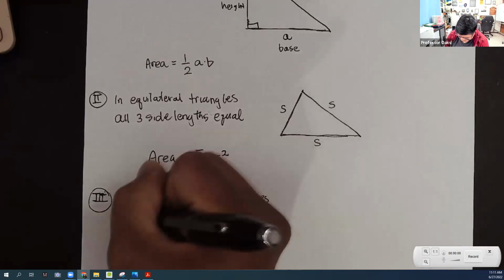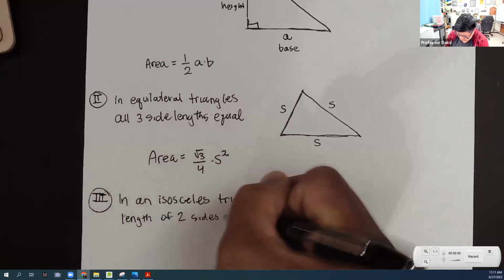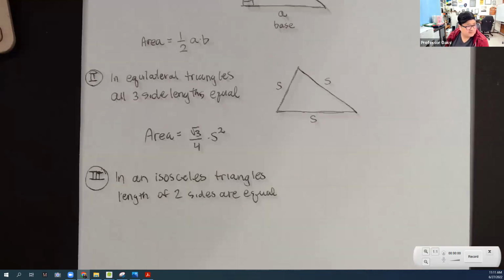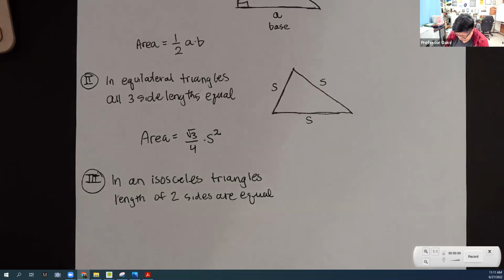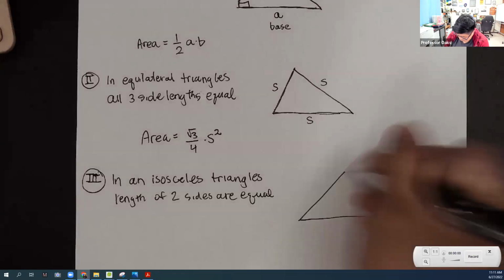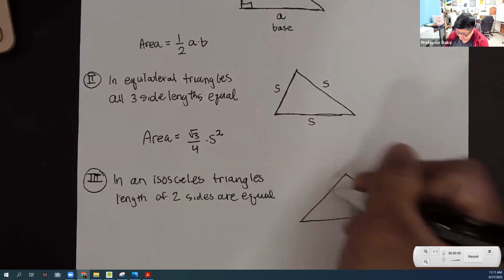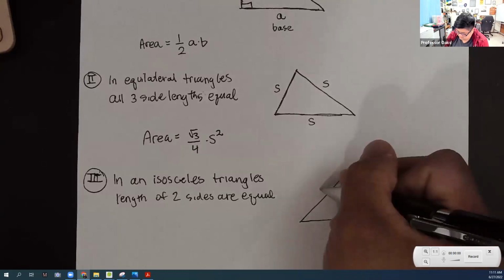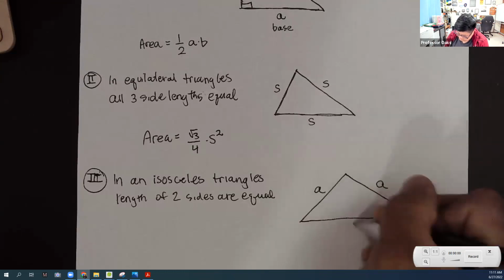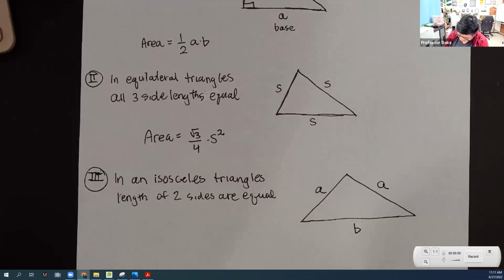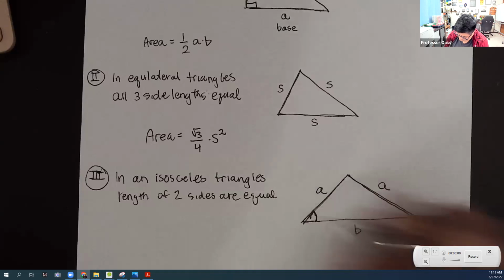So say this one is A, and that one is B. These 2 sides are the same length, and these 2 angles are the same.